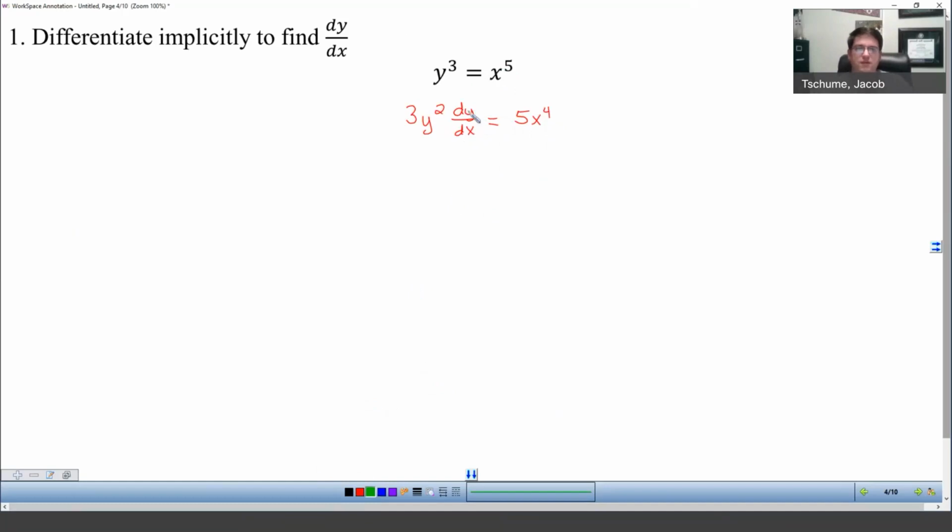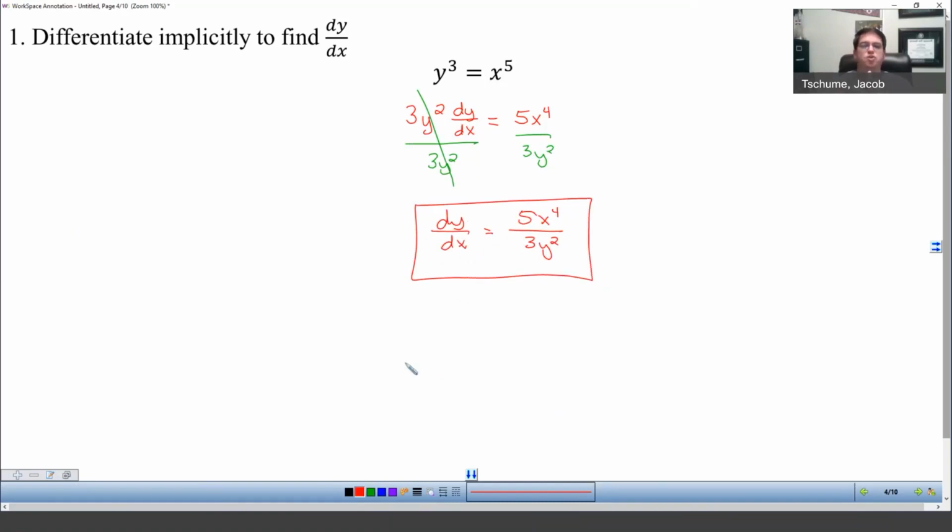Once you take the derivative, your goal is to isolate that dy dx term. So I'm now going to divide both sides by 3y squared. This cancels, and you can say that dy dx is equal to 5x to the fourth divided by 3y squared.